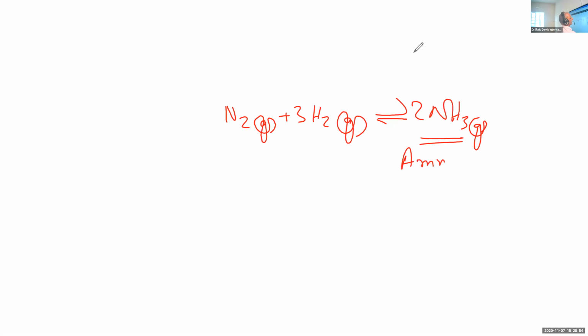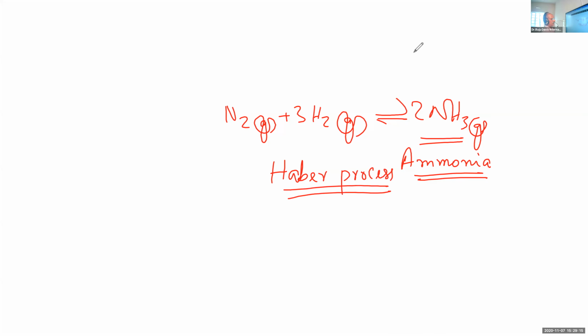We need this product, ammonia. It's an industrially important compound. And this is our Haber process, the famous Haber process for ammonia, Nobel Prize winner.